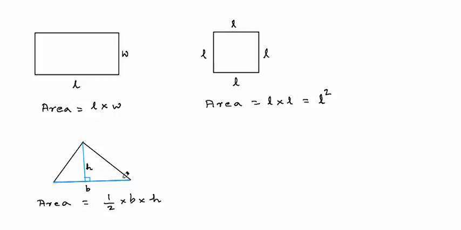Note that the base is not absolute, meaning you are free to choose any of the three sides of the triangle as your base, but the height will also change because it's always the perpendicular distance of the base from the opposite vertex. For example, if you choose this side to be your base, the height will no longer be this, rather it will be the perpendicular distance of this vertex from your choice of base.